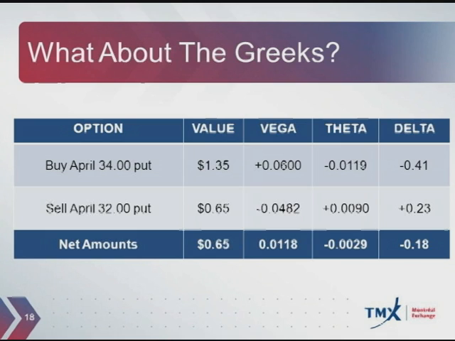So once again, we have to understand that we have completely changed the mathematical properties of this particular strategy just based on offsetting the different option pricing variables. So of course we recognize that we've lowered our cost basis, but at the same time, once again, we've offset the cost of volatility, and I think that's a very important consideration.